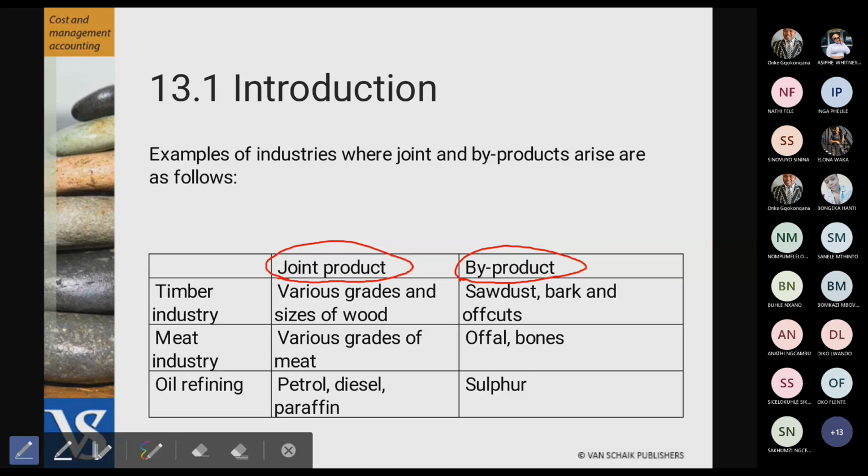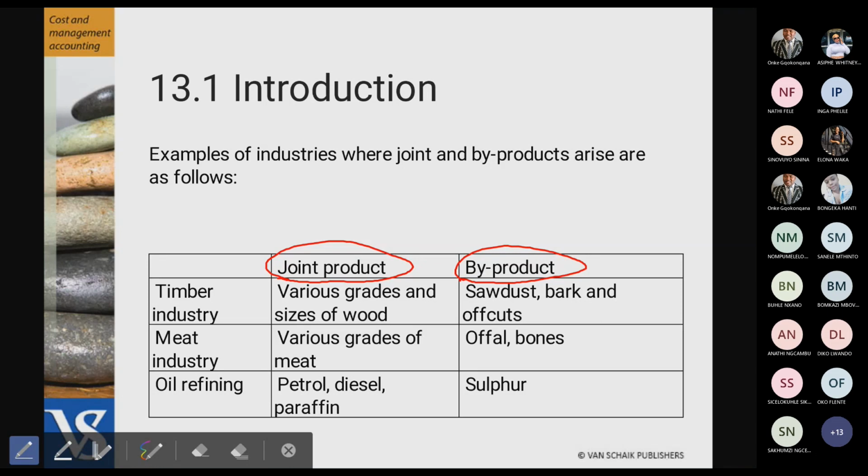And also the offcuts, as they are cutting exactly the size they are looking for, those offcuts they can use as a product. And that's what we say is a byproduct. In other words, when we talk of a byproduct, it's a product that just came up in our production when we were not expecting it. It was not in our mind, but we've just found, okay, why don't we make a product with this also?